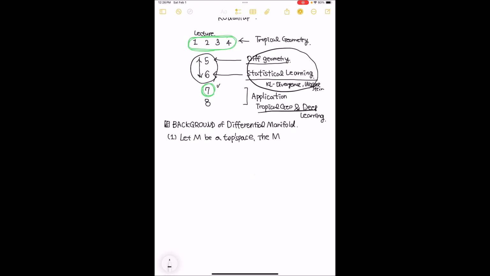Then M is an n-dimensional manifold, not a differential manifold, just a manifold, if for every point P we pick, there exists a neighborhood of P, say U, such that U is homeomorphic to R^n.